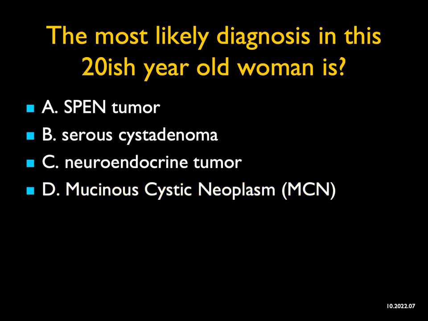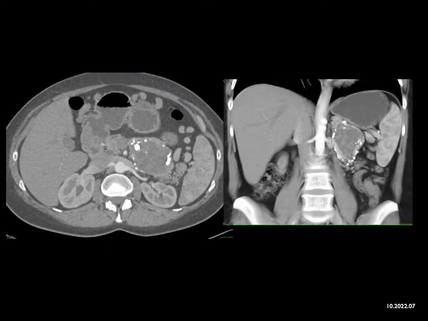The most likely diagnosis in this 20-ish-year-old woman, there's a lesion in the tail of the pancreas with coarse peripheral calcifications. Now, serous cystadenomas can have calcifications, usually central, but occasionally peripheral, but the patients are usually older. Neuroendocrine tumors can have calcifications, but the lesions are typically vascular, and this is not vascular. And MCNs are indeed a thought.